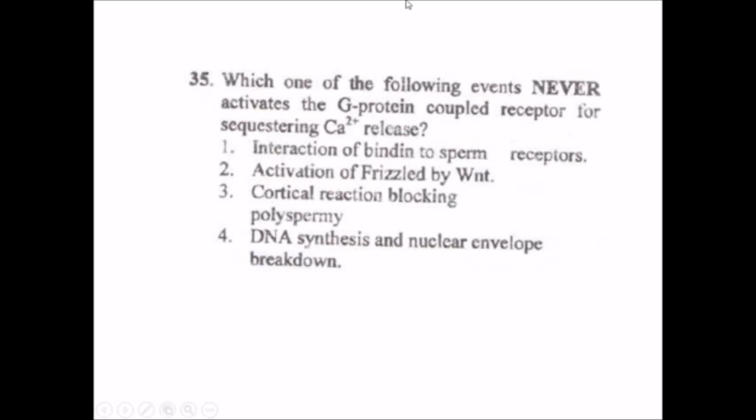Next question is, which of the following events never activates the G protein coupled receptor for calcium ion release? It's the activation of Frizzled by WNT, because if we look at this, on binding to the sperm receptors, there is a release of calcium ion from the endoplasmic reticulum for its activation, and it also prevents polyspermy.